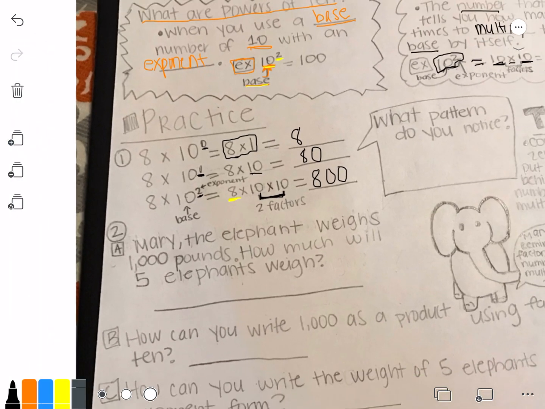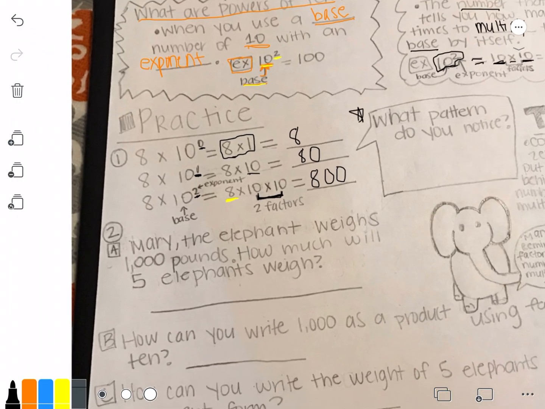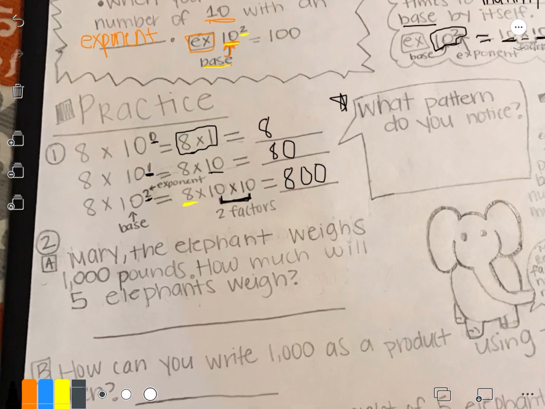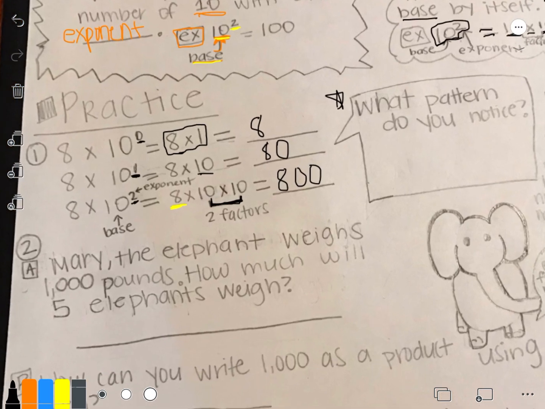If you've noticed the pattern, I want you to go ahead and fill in this little bubble here. So pause me and fill in the bubble, because I want you to figure out the pattern. So the pattern that I've hoped you have noticed here, and I'm not going to write it because I don't have enough space, but I'm going to briefly talk about it, is the number of zeros you have is the number of your exponent.